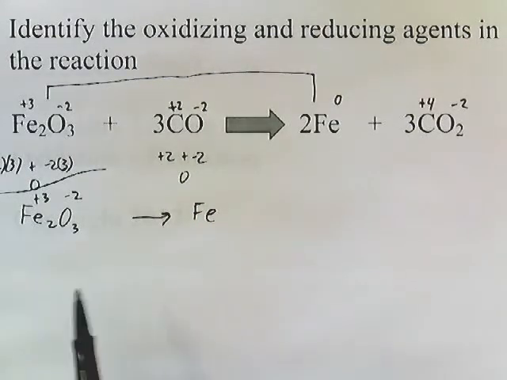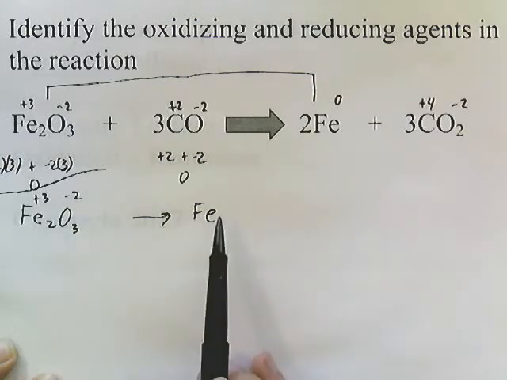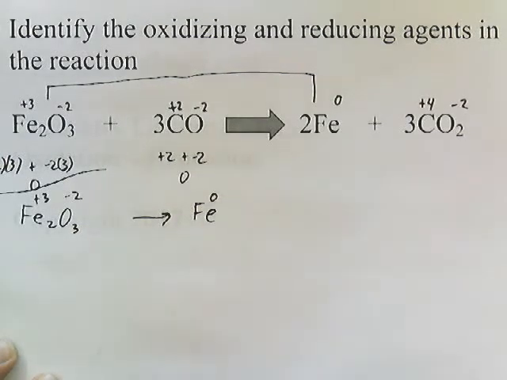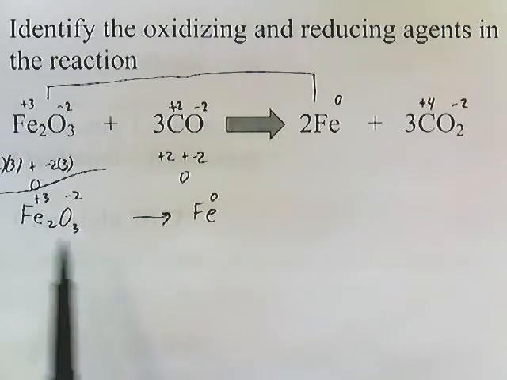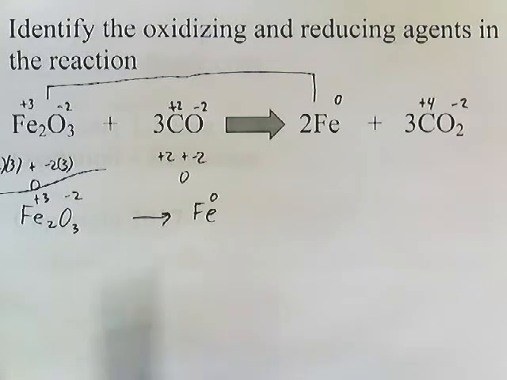Now notice that the iron in the Fe2O3 changes its oxidation state from +3 to 0. And thus the iron atom has gone from +3 to 0 here. It's stolen 3 electrons. Fe2O3 is the oxidizing agent.